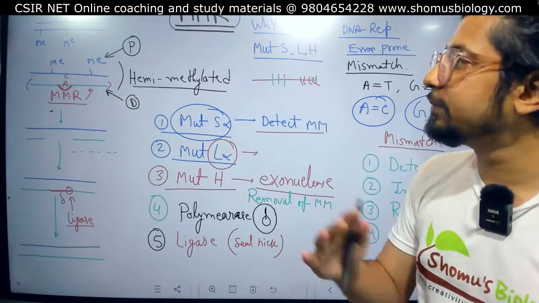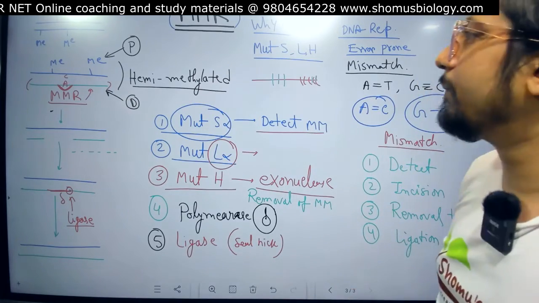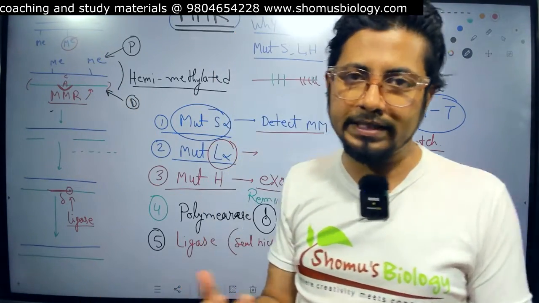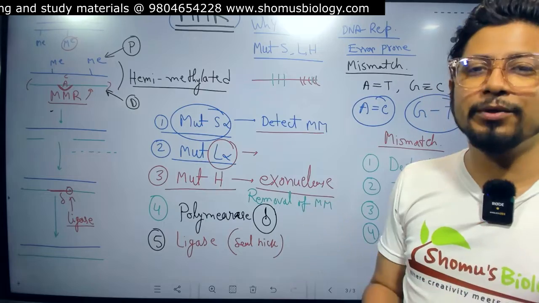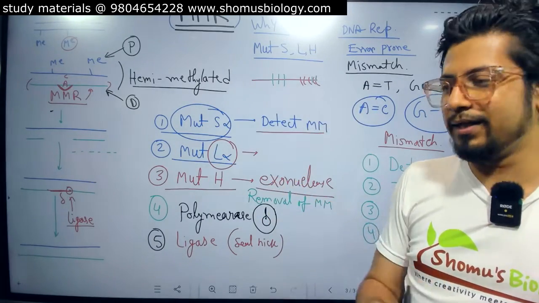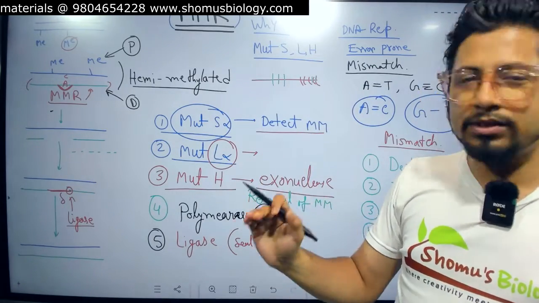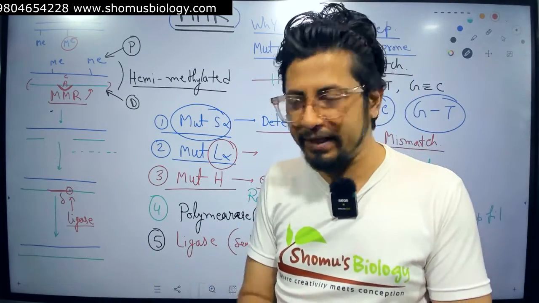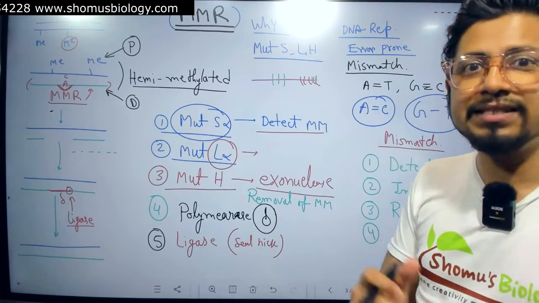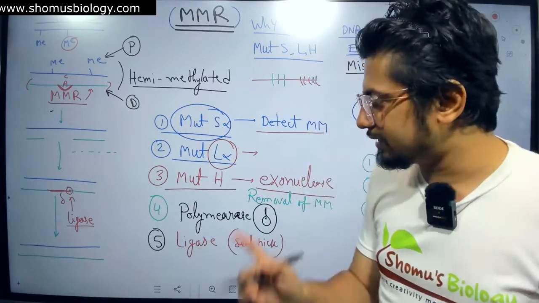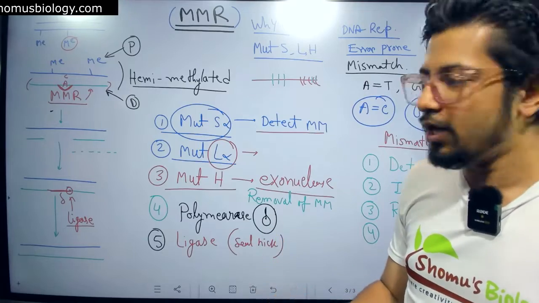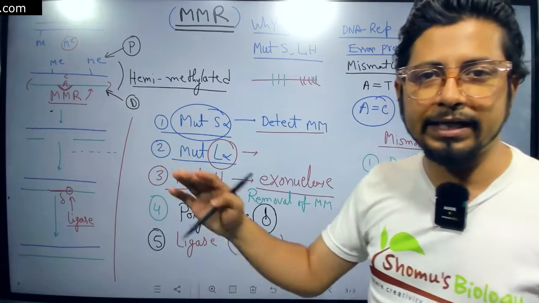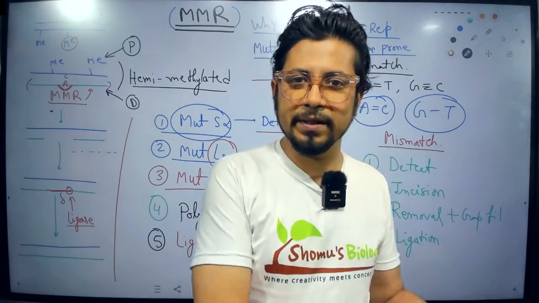Why we call it methyl mismatch repair is because the methyl group that is added to the parental strand of the DNA is very crucial to distinguish between the parental and the daughter strand, because they will recruit the MutSLH complex to the newly synthesized DNA, not the existing strand. This is a very important concept to understand. Once you understand this concept, the rest of the things will be very easy for you. I believe you have a clear idea about the methyl mismatch repair mechanism.